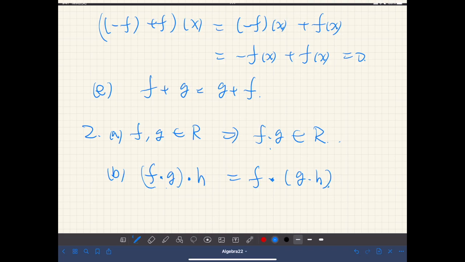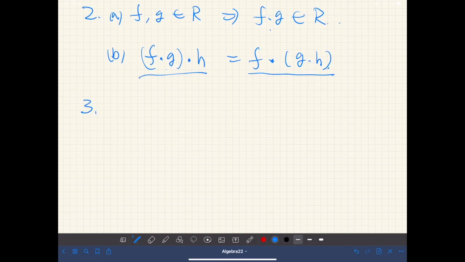So again, this can be proved by applying the function on the left-hand side to any element x, and just by applying the definitions of multiplication, eventually we can show the right-hand side is derived.